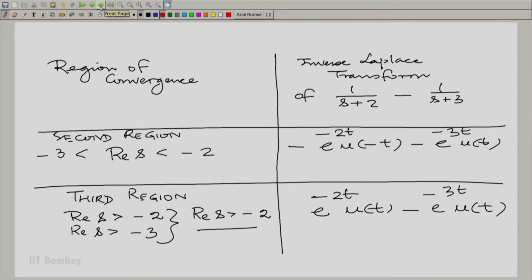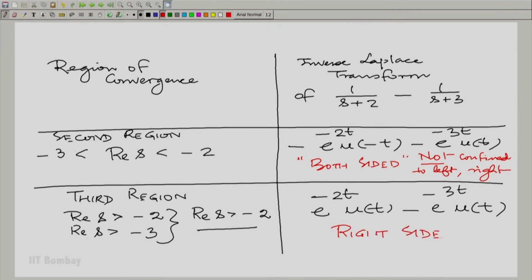In contrast, when I look at the second region, it is infinite in extent on both sides, essentially both sided, so to speak. So, it has matter on the left and right, not confined to left or right. And finally, this is right sided. So, this gives us some insight into the kinds of region of convergence that we can have.